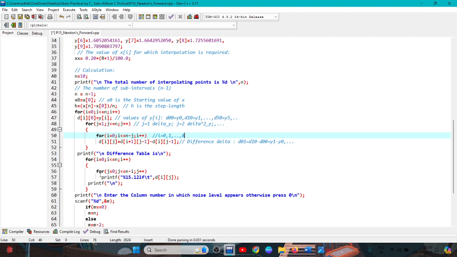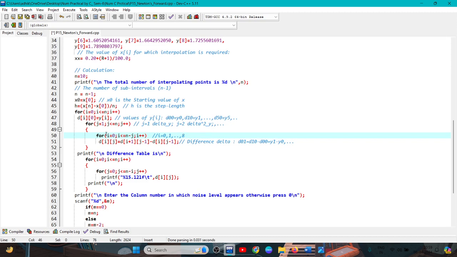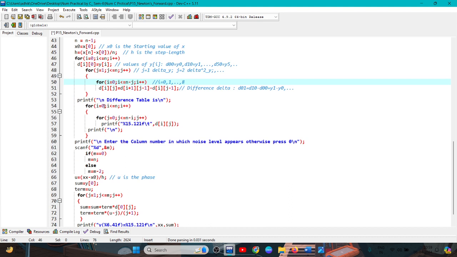And next, for the j loop, first i equal to 0, and j runs from 0 to 9 minus 0. So for i equal to 0, we get the first row: y0, delta y0, delta 2 y0, delta 3 y0, delta 4 y0, delta 5 y0, fifth order differences and so on.